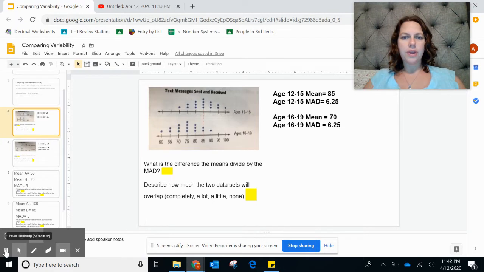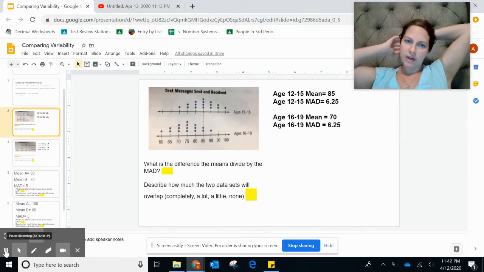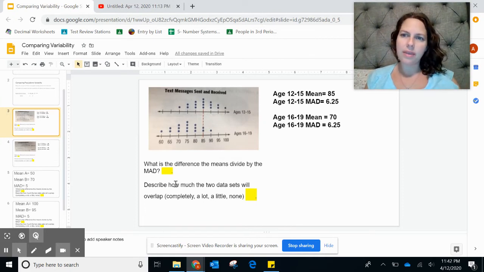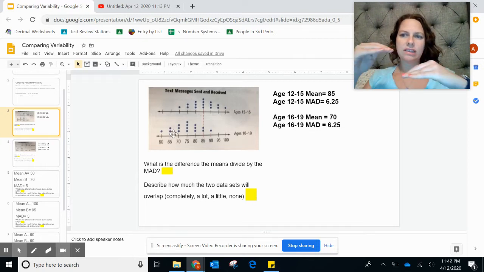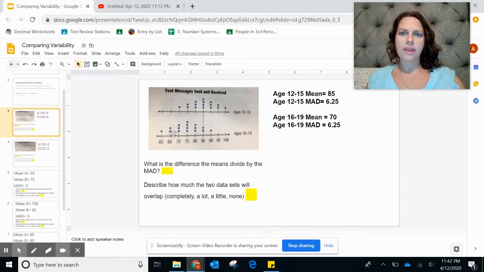Okay, so now we are going to actually solve some. So remember, we're going to use that difference of the means divided by the MAD, which is asking us right here. I did go ahead and give you the pictures of the graphs on this one, just so you can kind of see how it works. Again, notice it's like the exact same two pieces of data. It's just shifted over a little bit, okay?